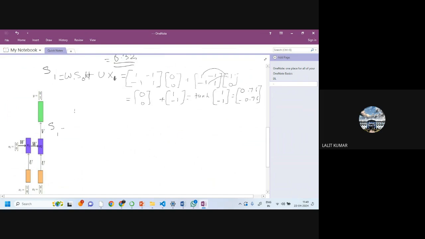Now let's calculate H2 first. H2 is equal to W into S1 plus U into X2, which is 1, minus 1, minus 1, 1. So 0.76, 0.76, 1.52.